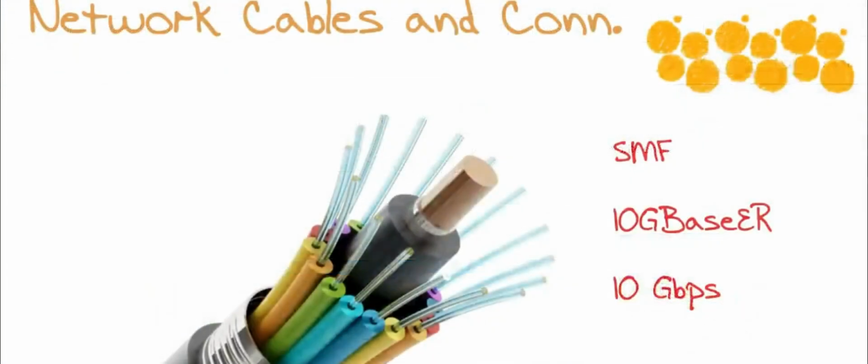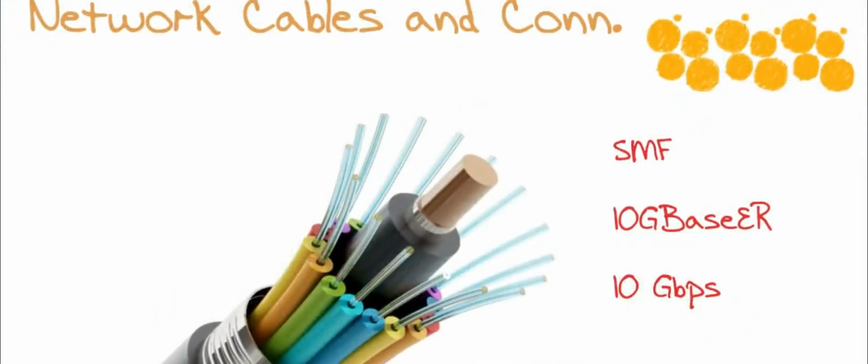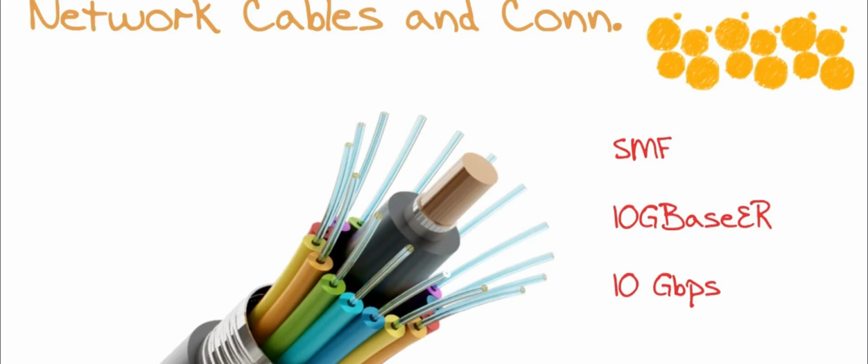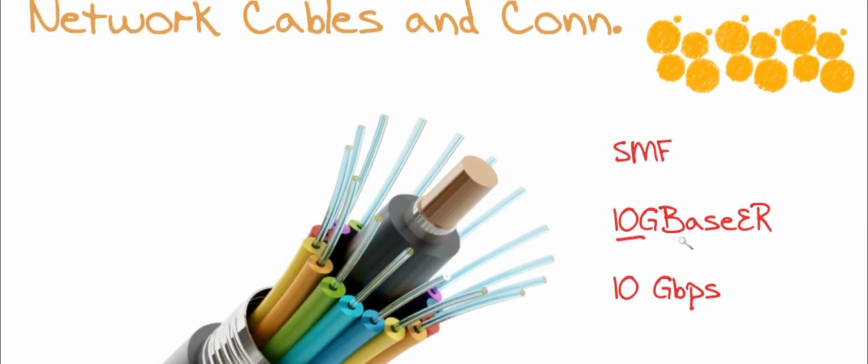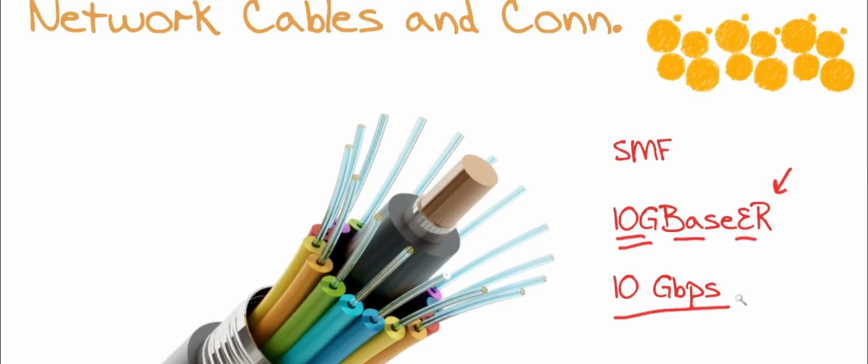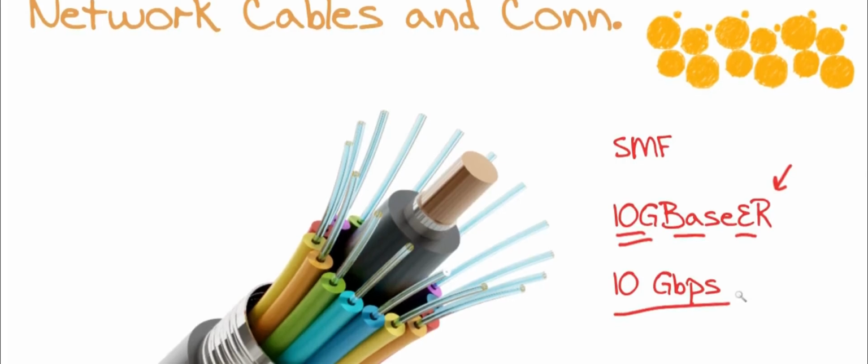So if we look at single mode fiber, and we remember single mode fiber is designed to go those long distances, what really is the measurement values? Well, if we look at a variation of single mode fiber called 10G base ER, and we break that down, we see that it's 10G at the beginning of the name because the maximum speed of this technology is 10 gigabits per second.